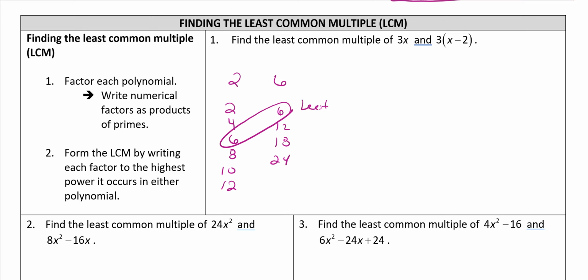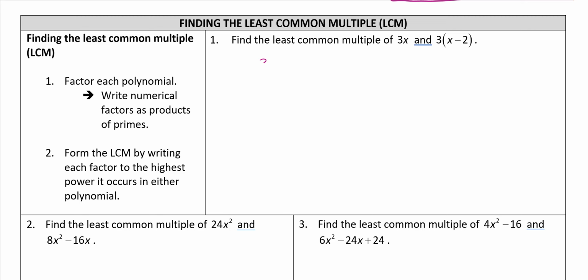So we're going to do the same kind of concept, but we are going to do it with polynomials. Okay, so we're looking at the polynomials 3x and 3 times x minus 2. So the first thing I'm going to do is say, okay, 3x is really 3 times x. That's what it really means.